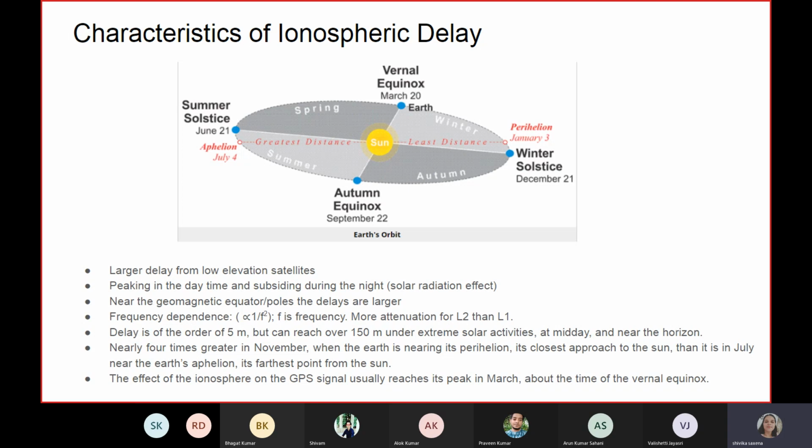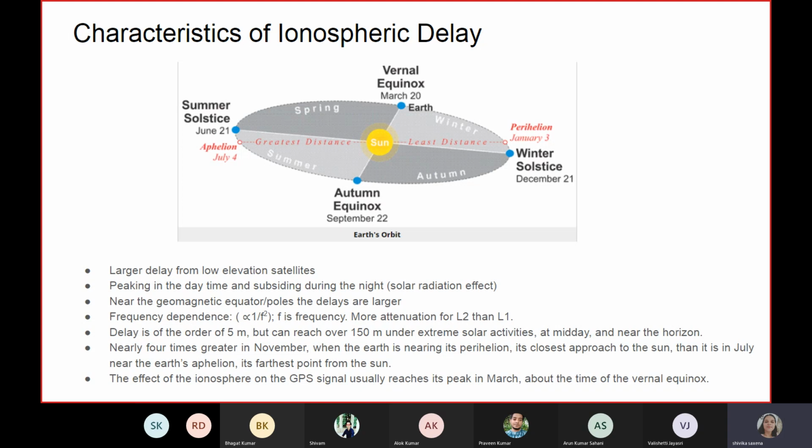Near the geomagnetic equator and poles, delays are larger. Frequency dependence is there, proportional to 1 upon f square, as we saw in the formula. So this implies ionospheric delay is causing more attenuation for the L2 frequency than the L1 frequency of the GPS.